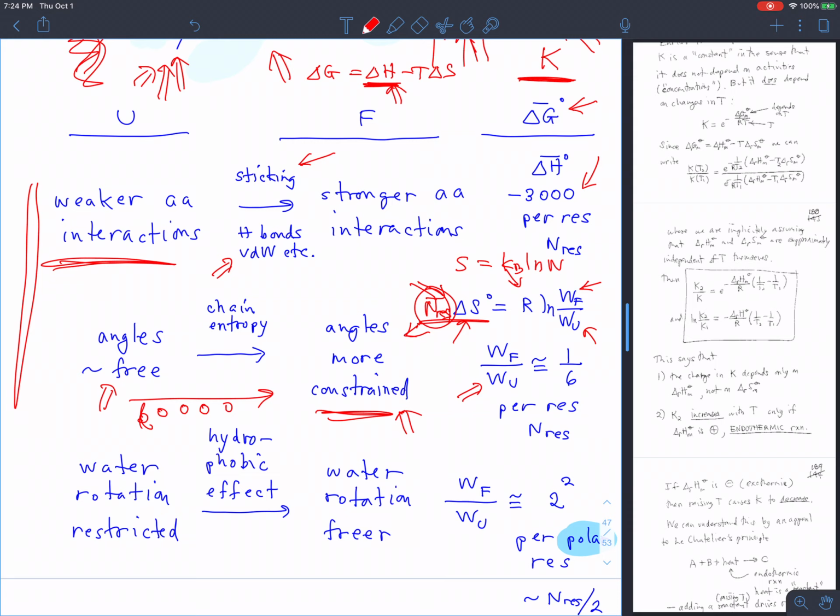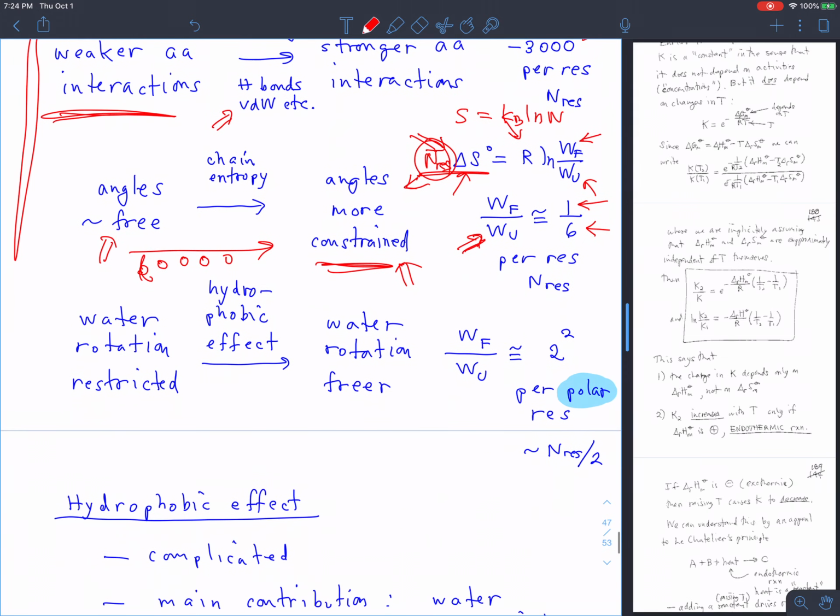We're going to say that there's about 6 times as many microstates available when a residue is in the unfolded state versus when it's in the folded state. So we lose a factor of 6 in microstates for every residue when the system folds. That's what we're saying. And then there's one more contribution.